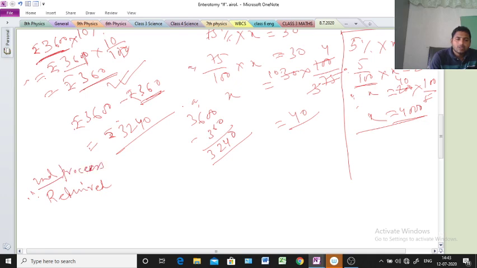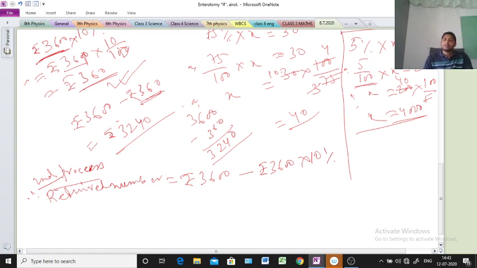Required number equals what? Directly we can do it: rupees 3600 minus rupees 3600 into 10%. We can write it. Clear? Directly we can get the answer. Rupees 3600 minus rupees 3600 into 10%, which means 10 by 100, or not?